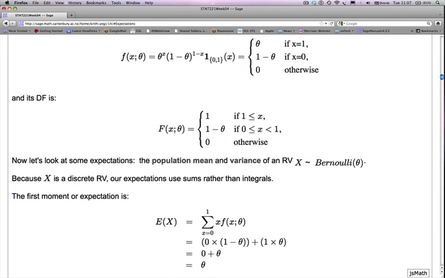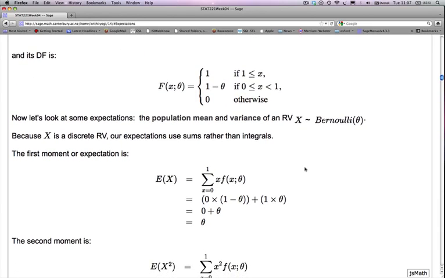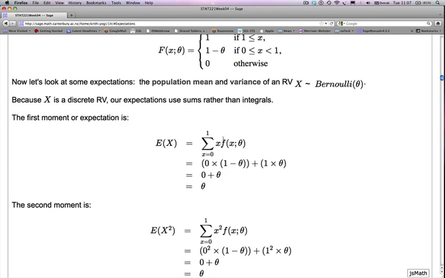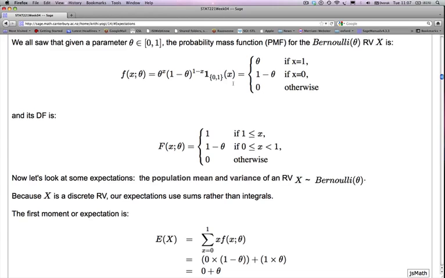So now let's look at some expectations. The population mean and variance of the Bernoulli theta random variable come from sums rather than integrals because it's discrete. So the first moment or expectation is: expectation of x is x times the probability mass function little f of x given here.